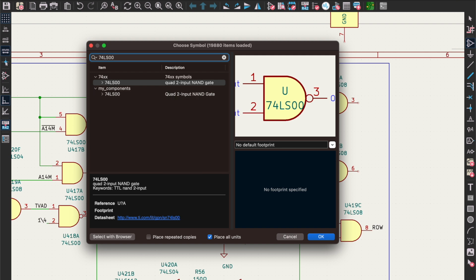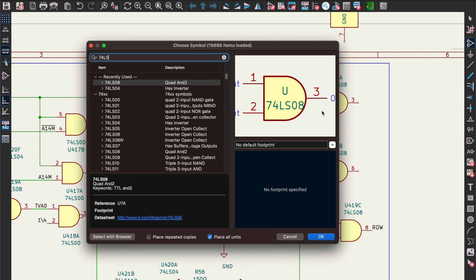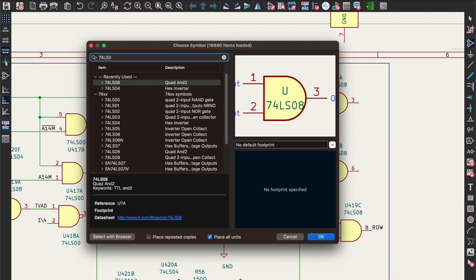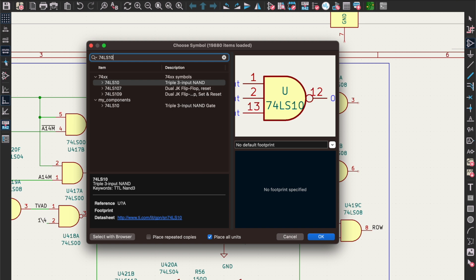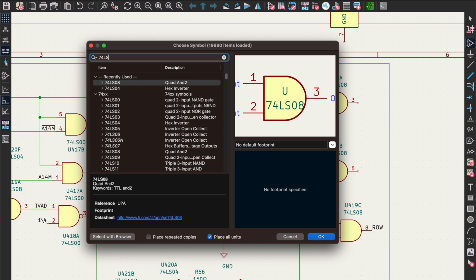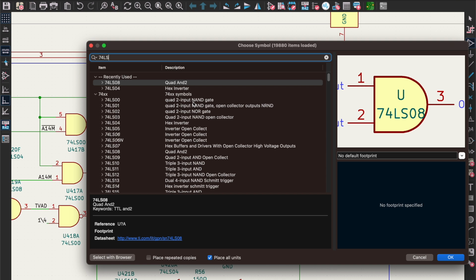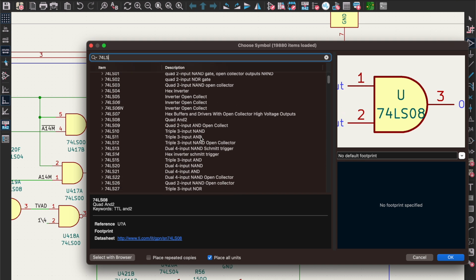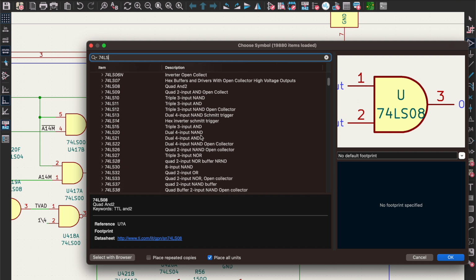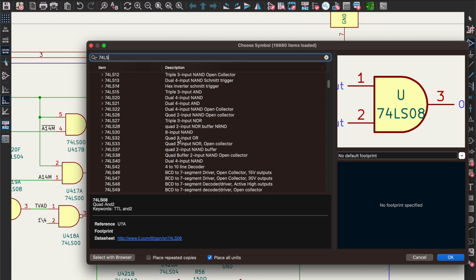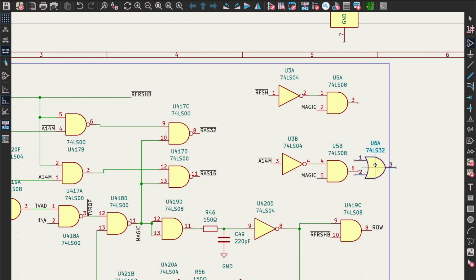That's a NAND. 4 was the hex inverter. 08 is an AND gate. 33 is a 3 input NAND. Oh, okay. NOR, hex inverter. Dual 4 input. Where's the OR gate? Quad 2 inputs. Oh, 32. Okay, all right.